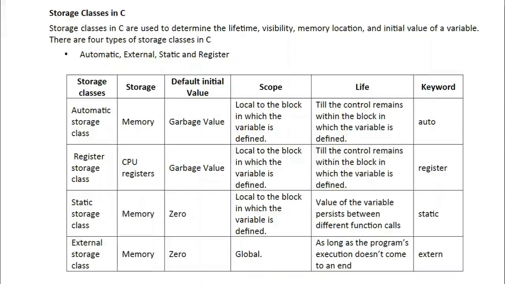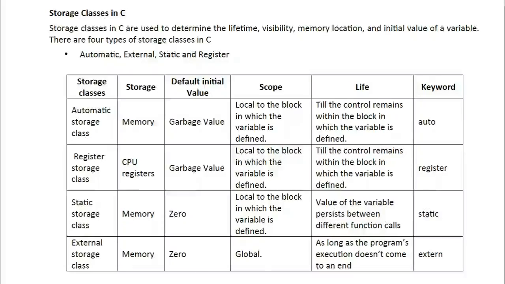This slide summarizes the properties of storage classes in C, categorized as storage, initial value, scope, life, and the keyword used. For automatic, static, and external, the storage is memory, whereas for register, storage is CPU registers.